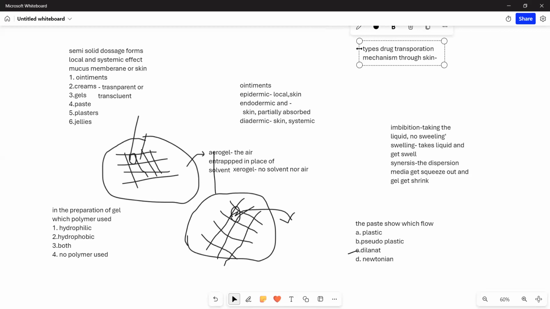What are the different transportation or absorption mechanisms? Guys, come on, quick, quick. Everyone must be interactive: passive, active. Okay, active, passive. In passive, there are many types: transcellular, paracellular, etc. So provide me, guys, the different types of absorption mechanism through skin. Guys, you have to be quick.